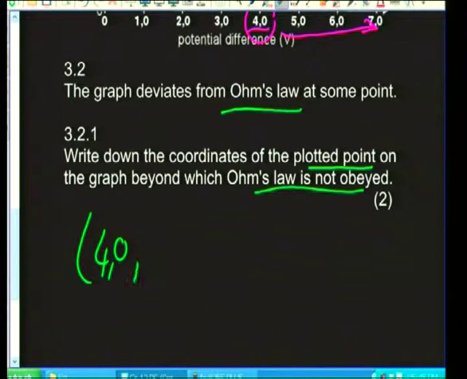4,0 is the horizontal value, or the independent variable.